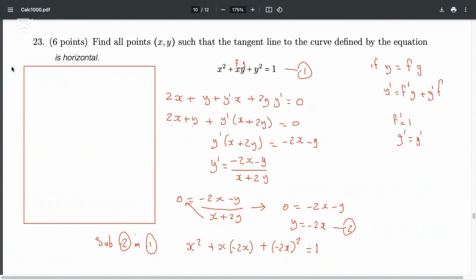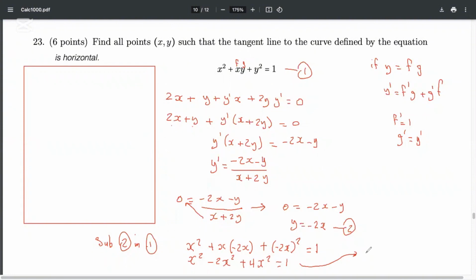So there's going to be x squared. That's going to be minus 2x squared and that's going to be plus 4x squared equals 1. And I'm just going to go x squared minus 2x squared, that's minus 1x squared, and that's going to be plus 4x squared.